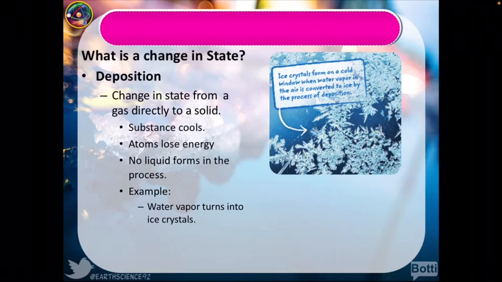I already showed you the best example: when you take a cold water bottle outside, you can see some water droplets around it. This process is called condensation.